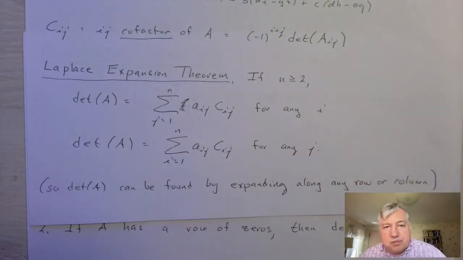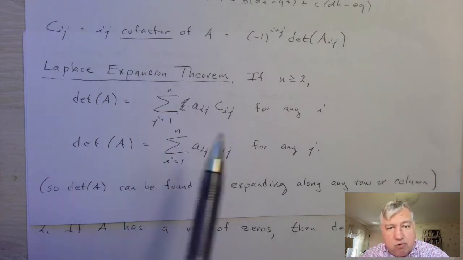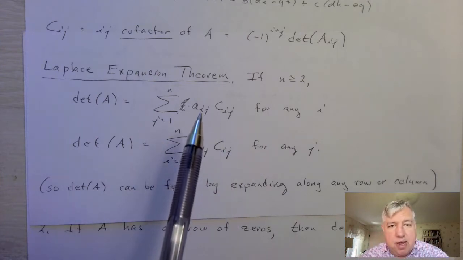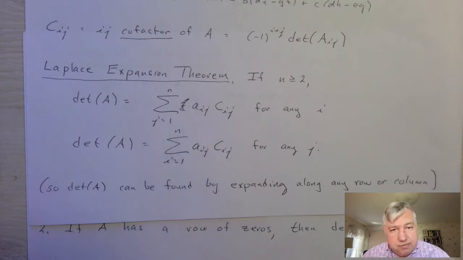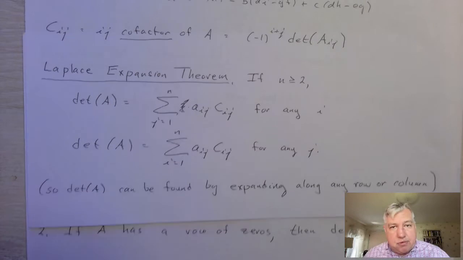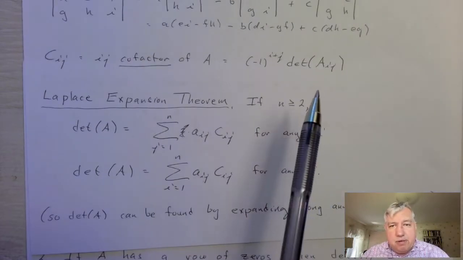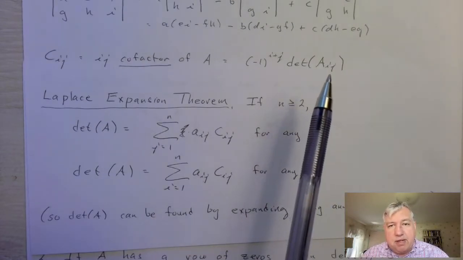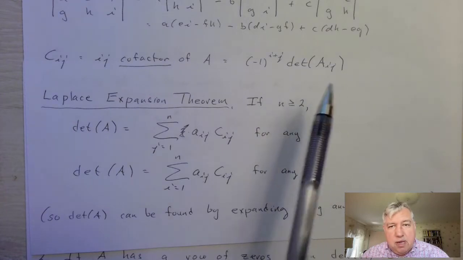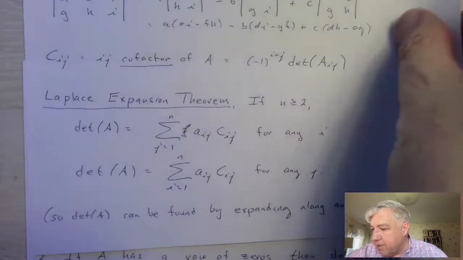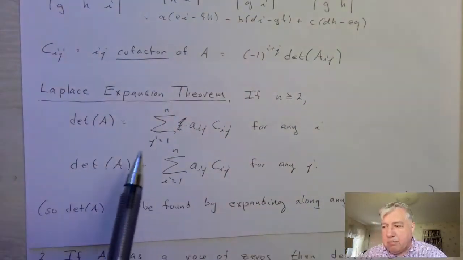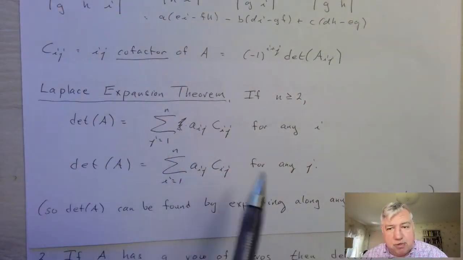Basically, you can pick any row or any column, and then just go along that row or column and compute these terms: the ij entry of the matrix times the ij cofactor, which really is going to be the determinant of the matrix you get by deleting the ith row and the jth column and multiplying that by -1 to the i plus j.